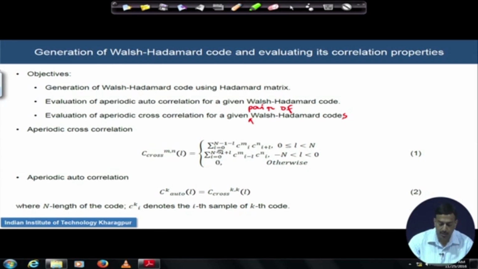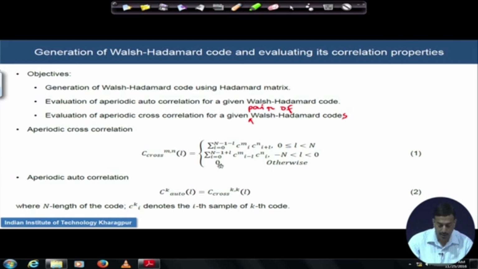It so turns out that the values of this cross correlation term for this lag will exist, as we can see over here, on the positive side from 0 to n minus 1, and on the negative side, that is for negative shifts, from -1 to minus n minus 1.